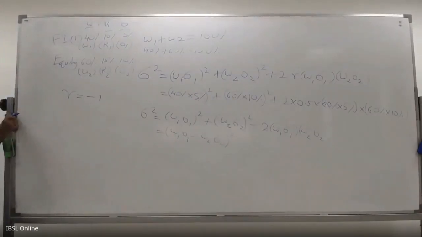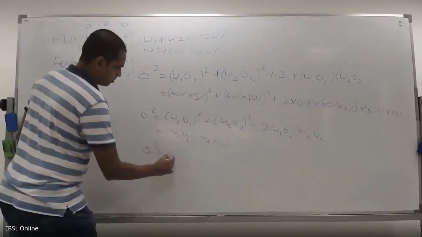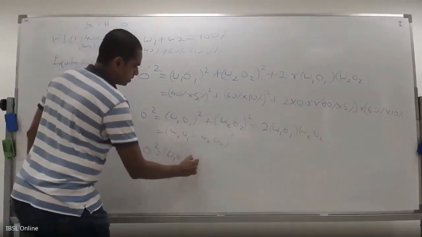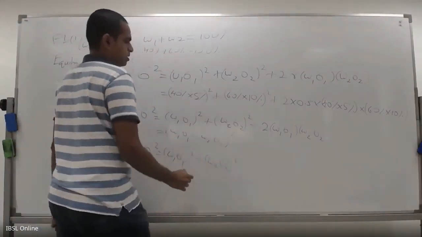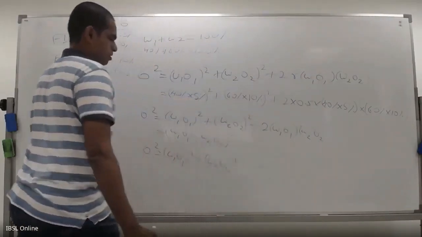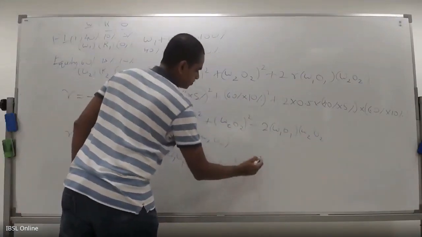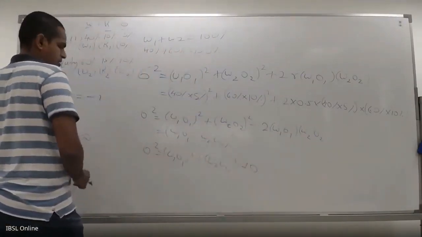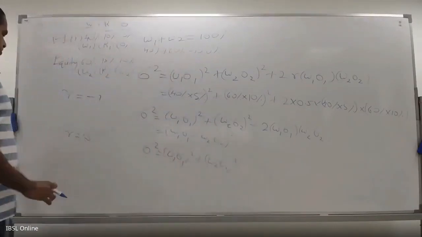So what if correlation is 0? Then sigma squared is W1 sigma 1 squared plus W2 sigma 2 squared. And R is 0, so this entire cross term becomes 0. Right? So plus 0, you will end up with W1 sigma 1 squared plus W2 sigma 2 squared.